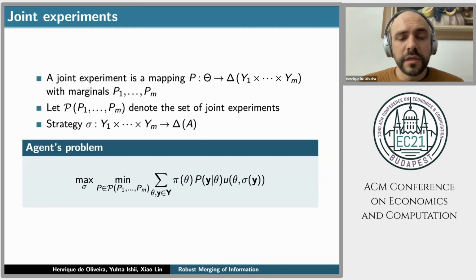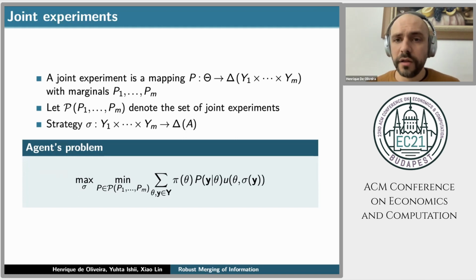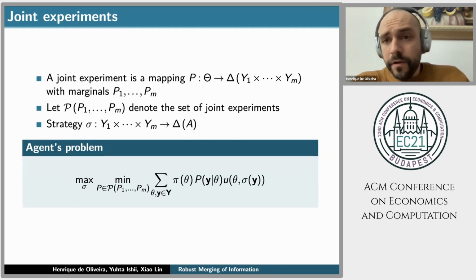Now, the strategy of the agent is a mapping that specifies what action the agent takes, given the whole profile of signals from every single source, okay? Now, the objective of the agent is to choose the optimal robust strategy. What does that mean?